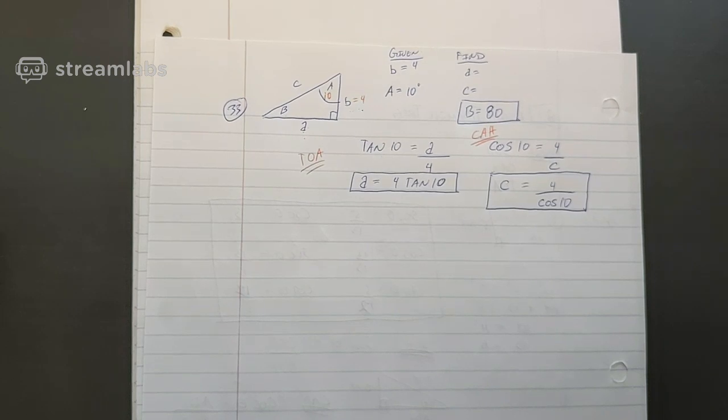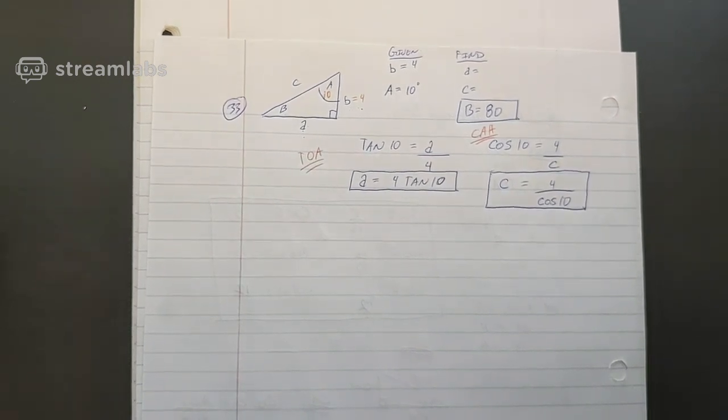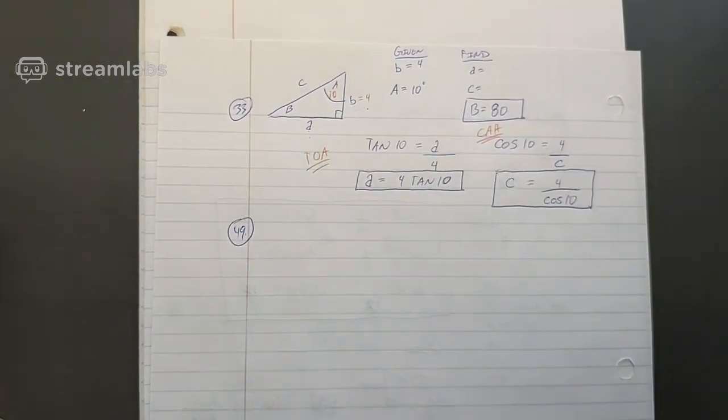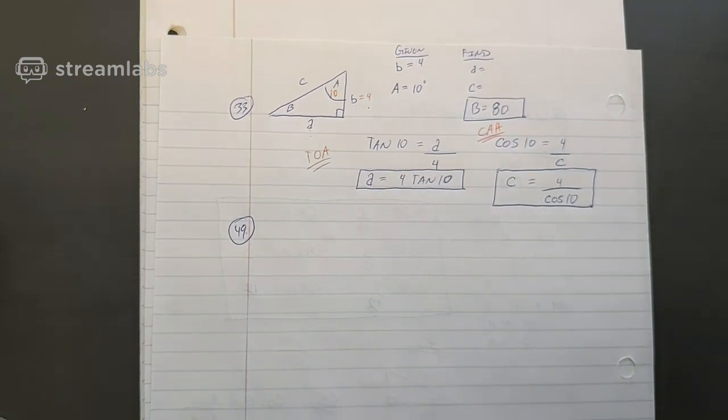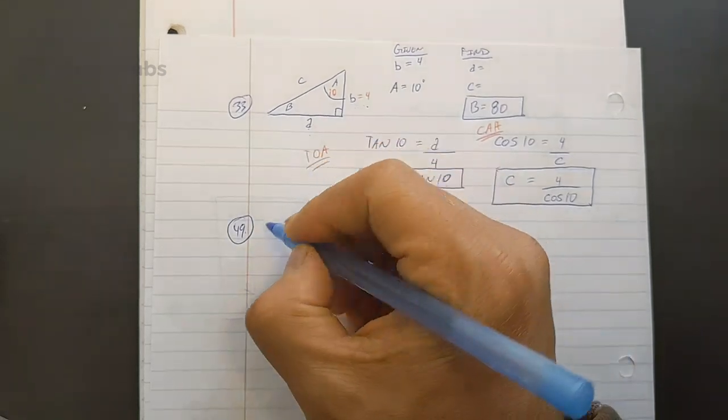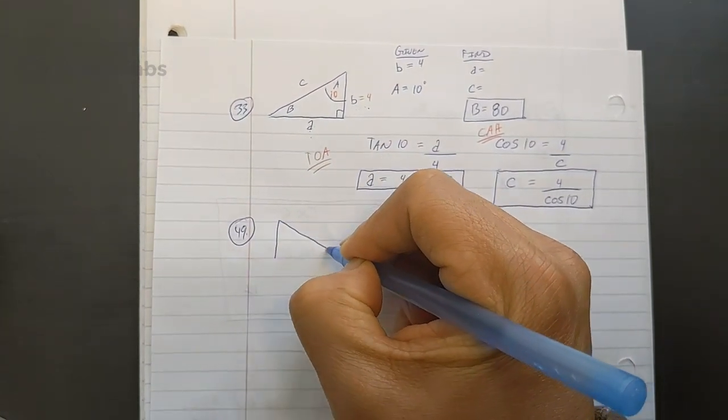All right, let's try some applications. Let's do 49. It's pretty self-explanatory. Let's just draw it out real fast. Sorry to rush. I know we had some technical difficulties. I'm new at this stuff, as you guys can tell. All right, here we go.